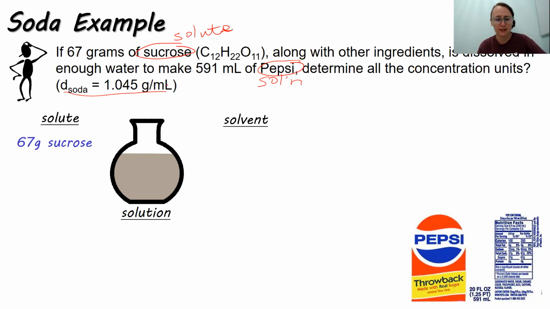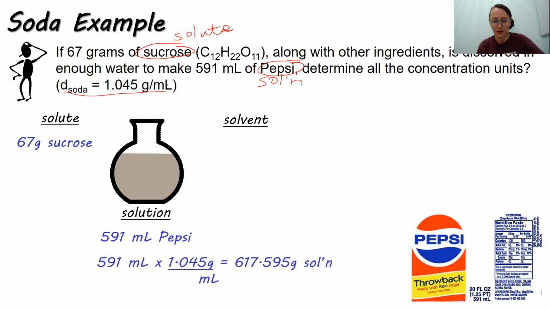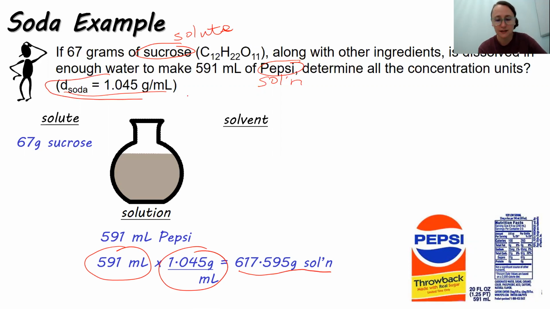We know that we have 67 grams of sucrose, and we know that we have 591 milliliters of solution. And if we take that milliliters of solution and use it with the density, we can get the grams of solution. The density, in this case, is the density of soda, and it is only a property of the solution.